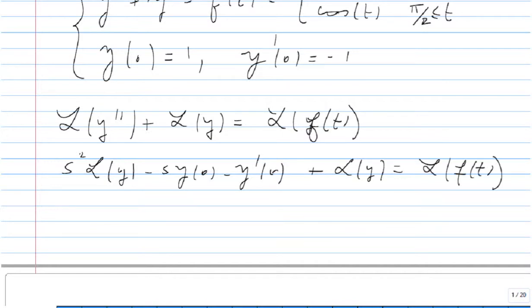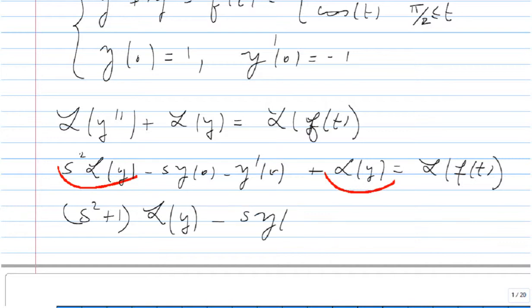So now if we put this term with the term that has Laplace of y, we get s squared plus 1 Laplace of y minus sy of 0 minus y prime of 0 equals Laplace of f of t.